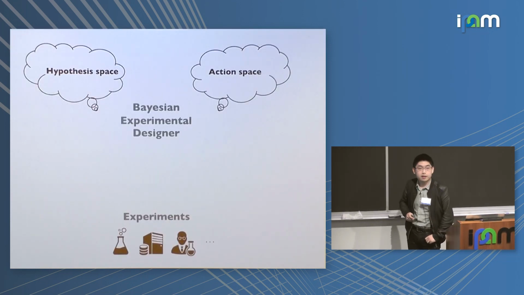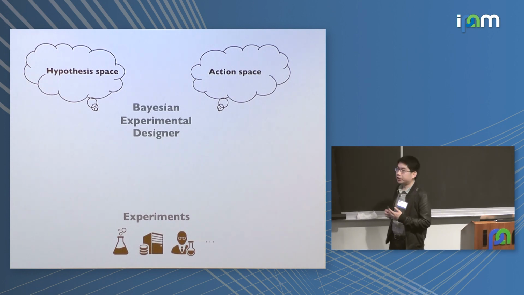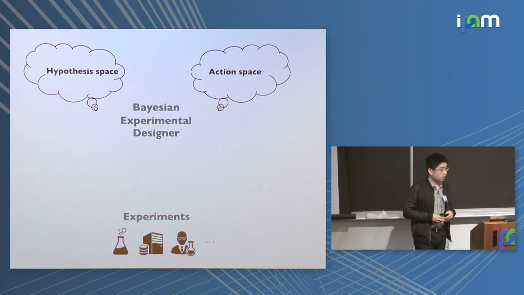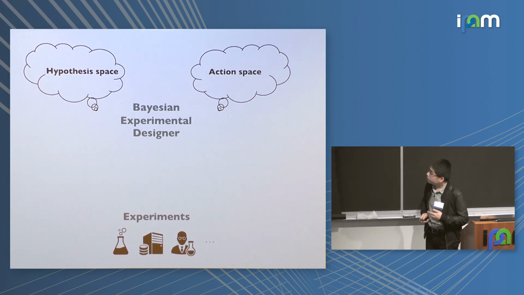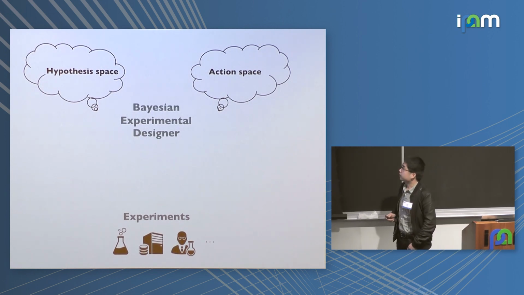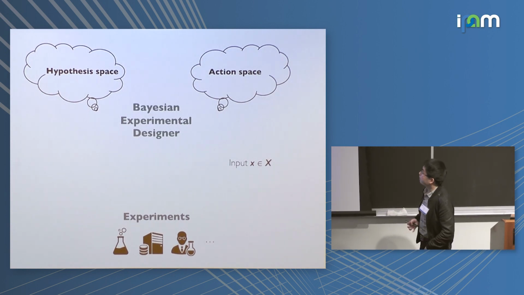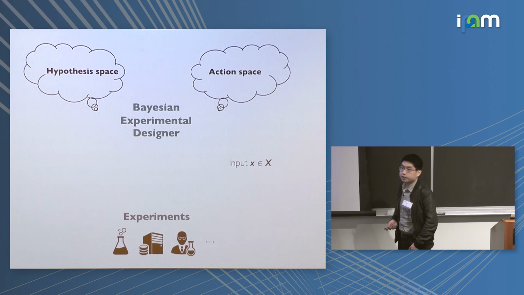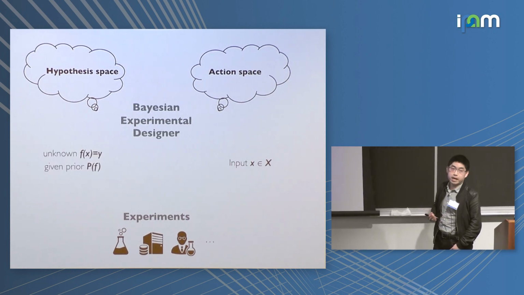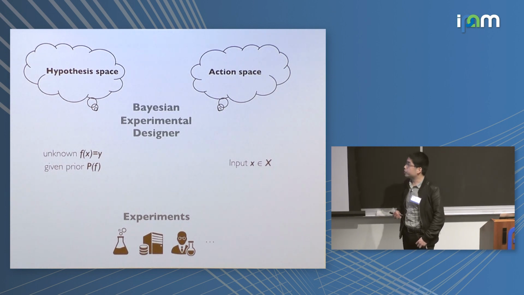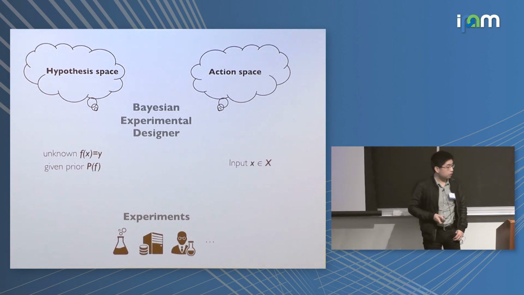All right, so I'm going to give you a very brief refresher on the basics of Bayesian experimental design. The framework basically starts with interaction, right? So if we have a model, and we have an input space X, modeling all the actions that the model can perform. And there's some underlying black box function F, which we want to model, but we don't have enough data for that, so we have a prior on that.